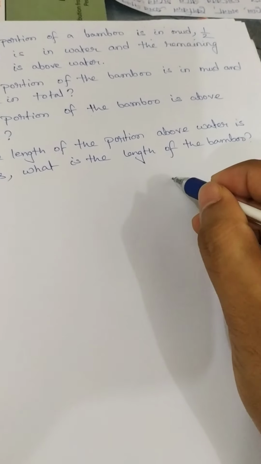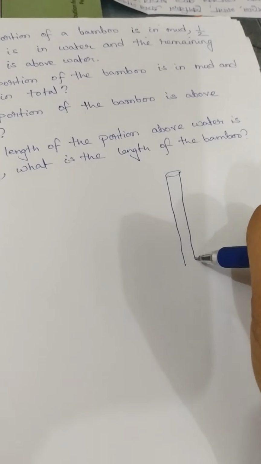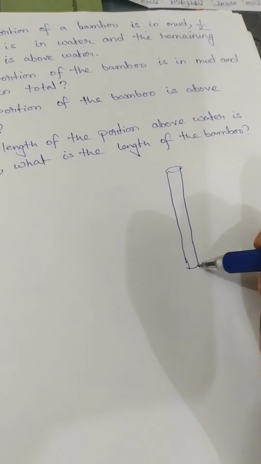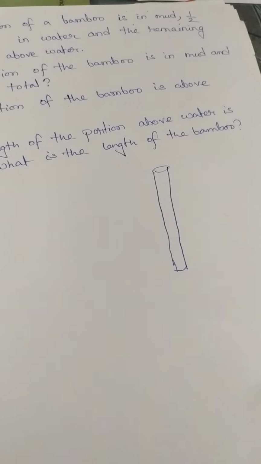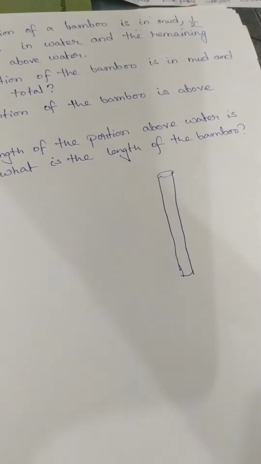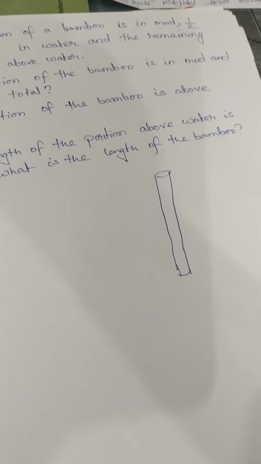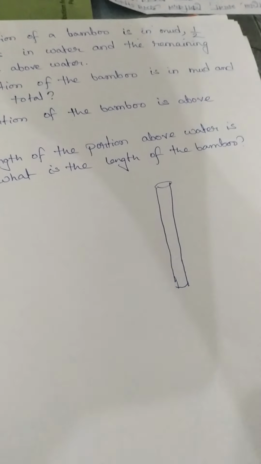Now let us try to explain first. Let us say this is a bamboo. Mostly the students who have visited villages must have seen this in ponds. Whenever you go beside a pond, you must have seen a bamboo dug into the pond.